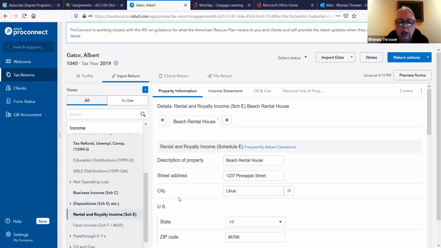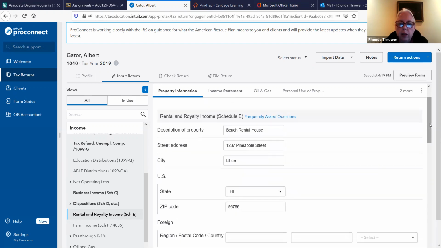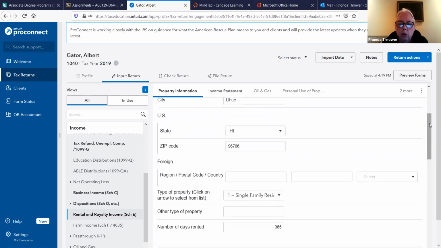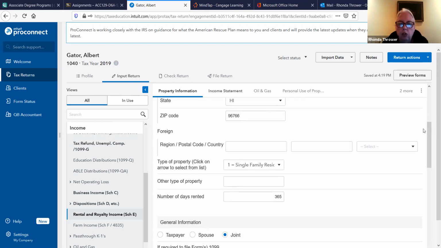And they want the street address, and that was given in the problem. So I just typed in the street address as well as the city, and the rental house is in Hawaii. This is the zip code for the rental house.